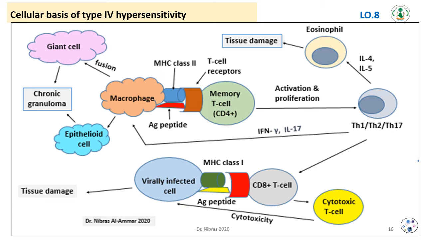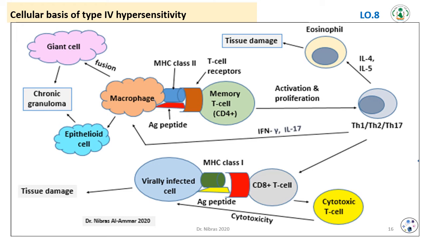In the case of T helper 1 and 17, these cells will secrete interferon gamma and interleukin 17, leading to activation of macrophages, which present the antigen peptide to memory CD4 T cells to increase the killing capacity of these macrophages, either through fusion to make a giant cell.